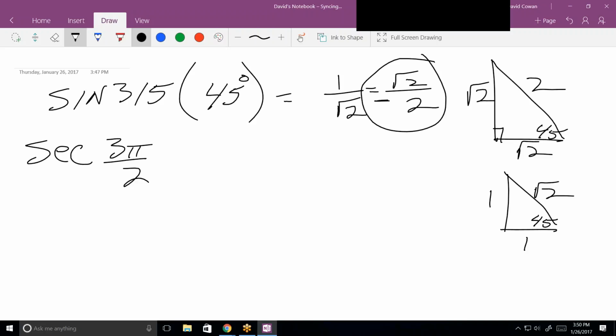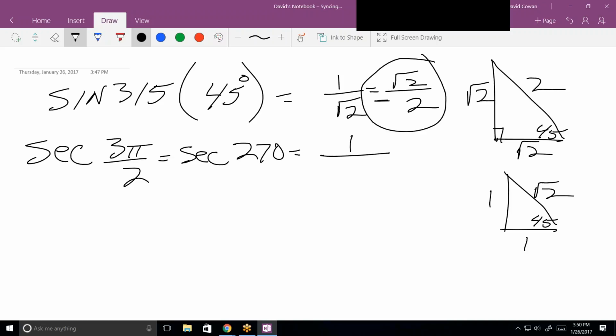Okay. What angle is that? That is 270 degrees. So that's 1 over what function? What's its reciprocal? Oh man.